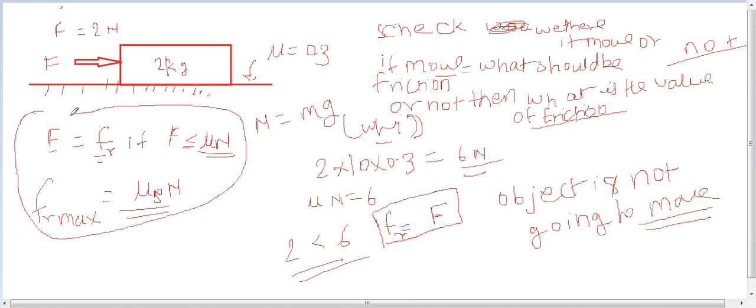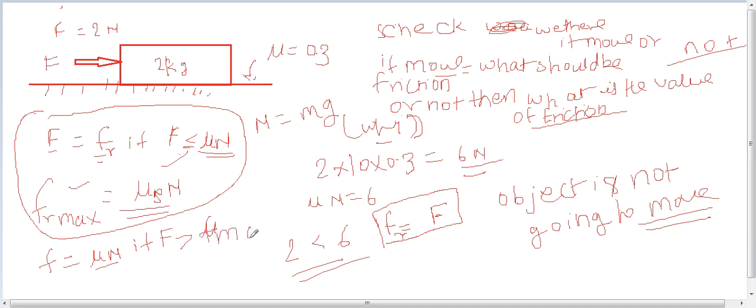F is equal to Fr if F is less than mu N, the maximum value of friction. And Fr is equal to mu N if the applied F is greater than F maximum.